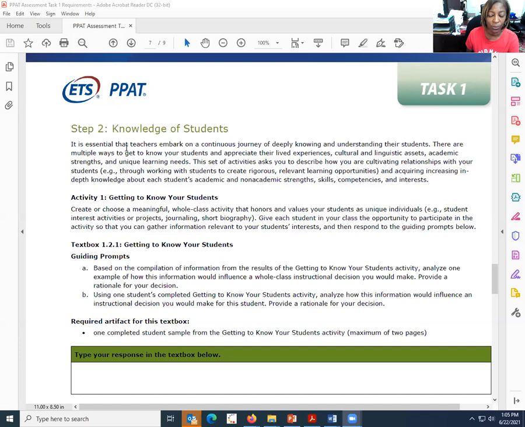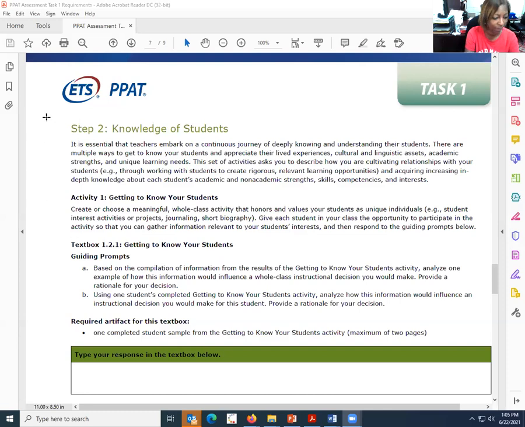You may also go online in your browser and enter getting to know you activity for students, and that will show you a variety of activities that you could utilize for this particular prompt. Give each student in your class the opportunity to participate in the activity so that you can gather information relevant to your students' interests and then respond to the guiding prompts below. Text box 121, getting to know your students.